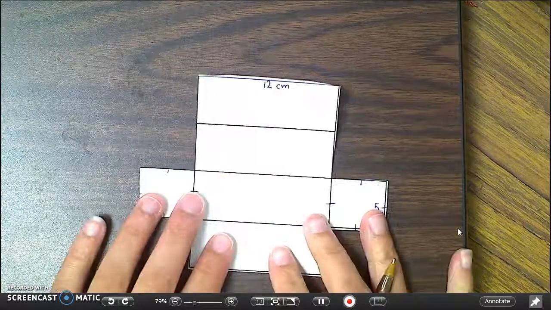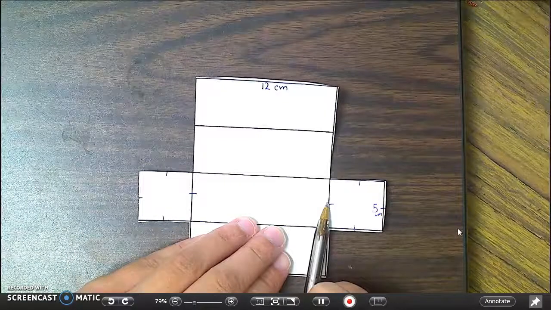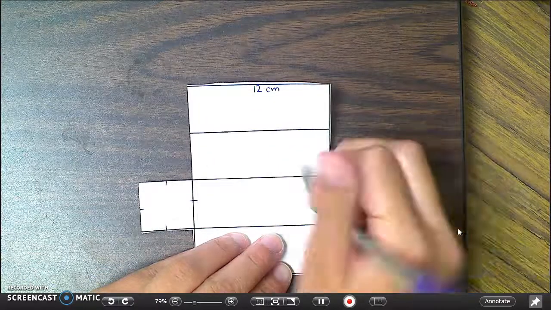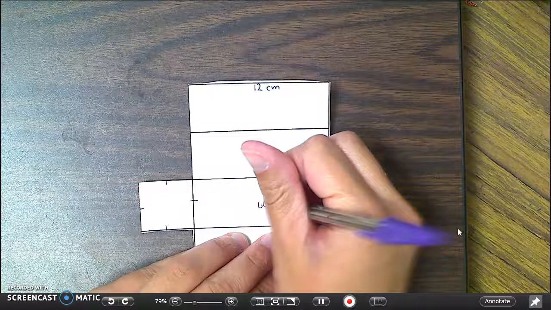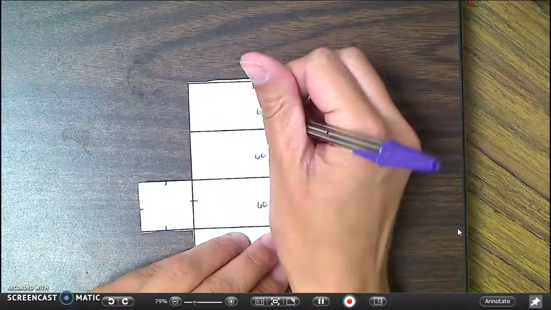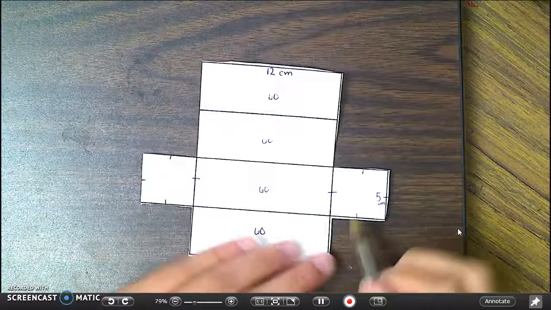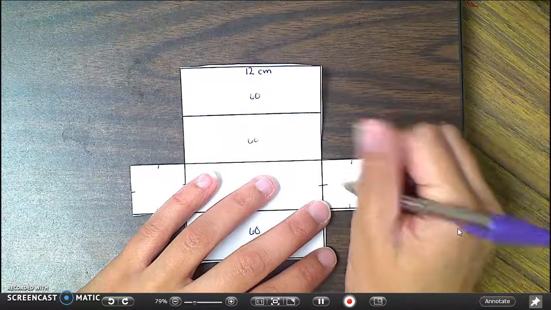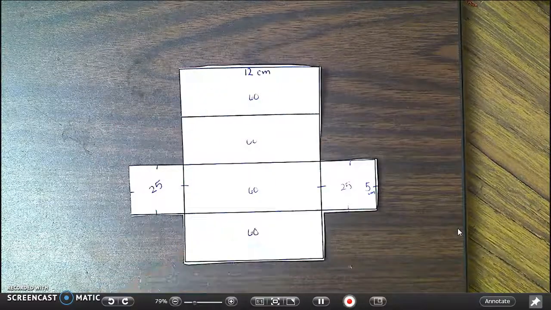Okay, so to find the surface area of this thing, I'm sure a lot of you thought, okay, if this is 5, then the area of that guy is 5 times 12 because it's a rectangle. 5 times 12 is 60, so this is 60, this is 60, this is 60, and then also we have the area of this square itself, which is 5 times 5, so 25, and then 25, and then we can just add them all up.